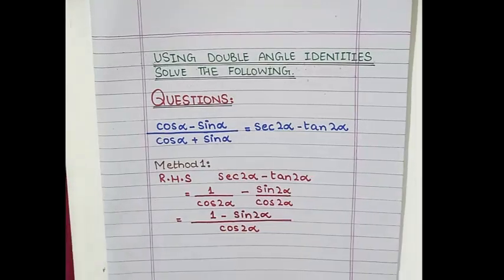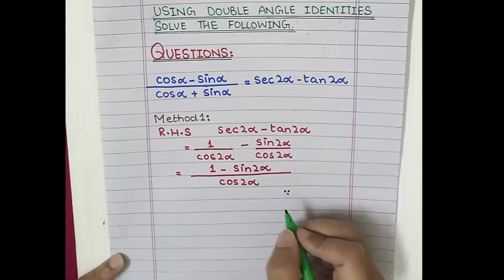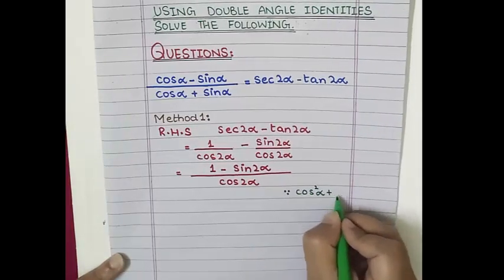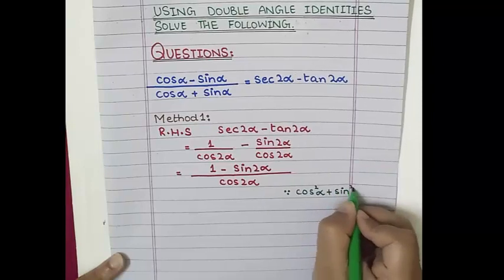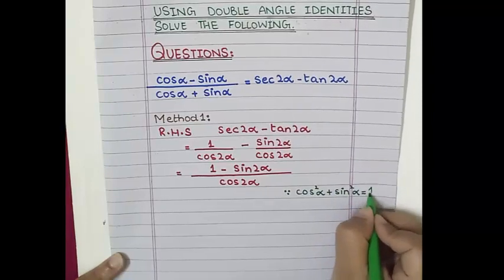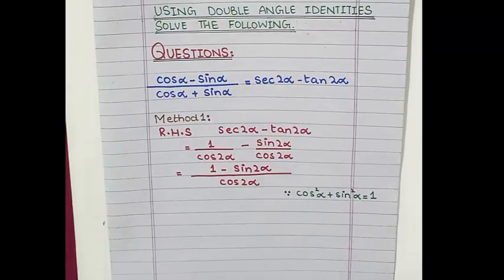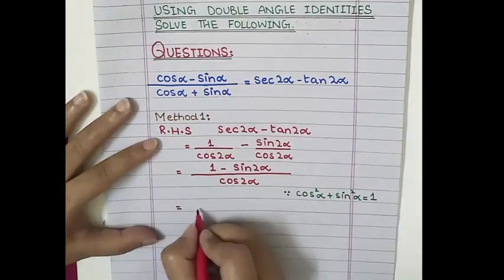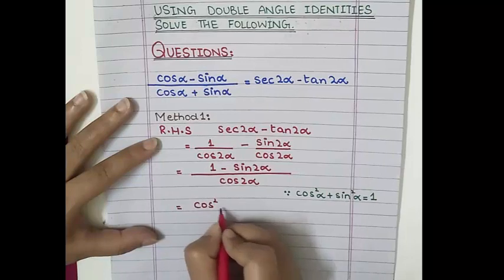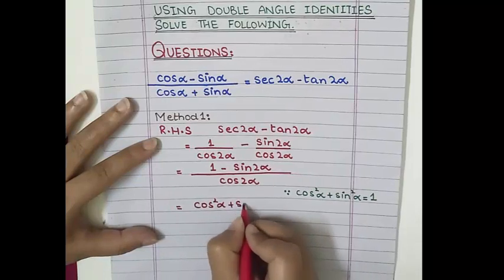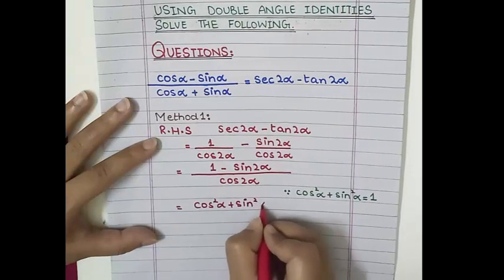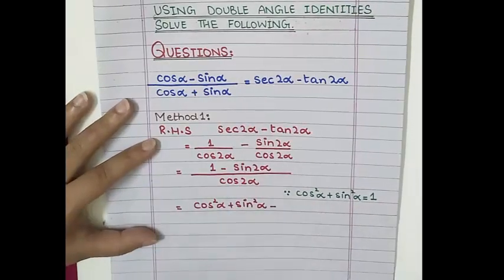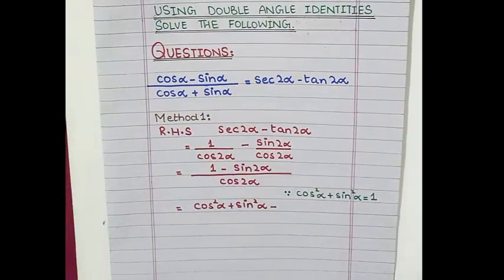Now we know that using the fundamental identity of trigonometry, cos square alpha plus sin square alpha is equal to 1. So here we have 1, and we can write it as cos square alpha plus sin square alpha minus sin 2 alpha.